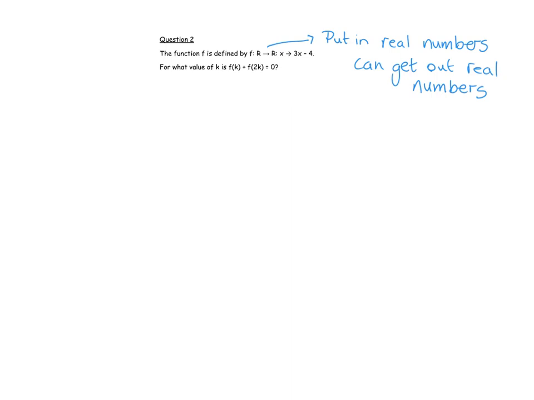In this question here, we know that x goes to 3x minus 4, so I'm going to rewrite that as f of x is equal to 3x minus 4. And we're asked to find where f of k plus f of 2k is equal to 0.